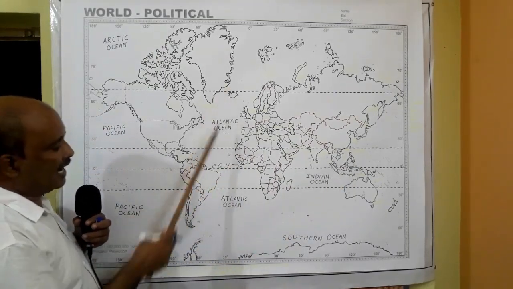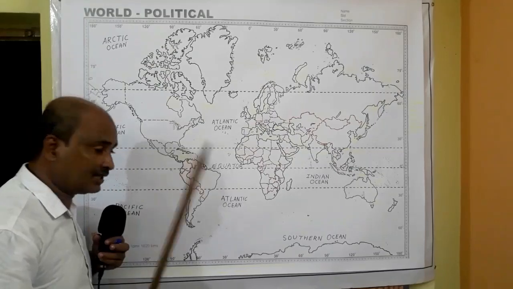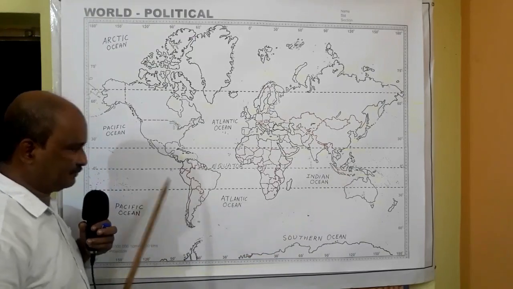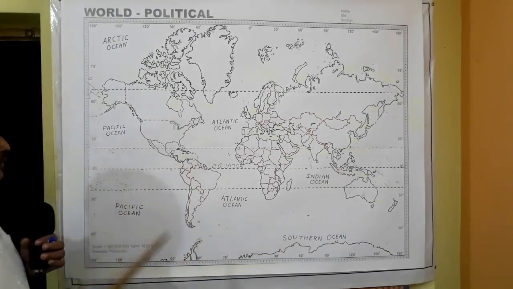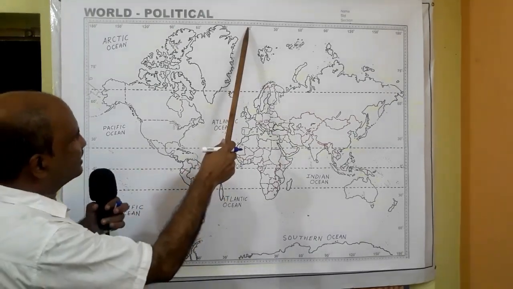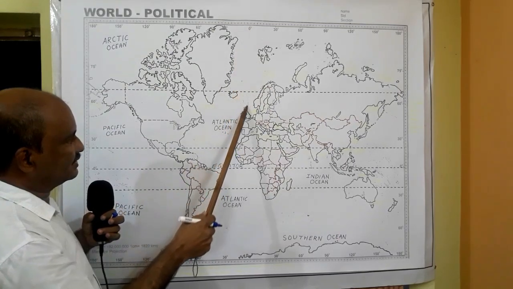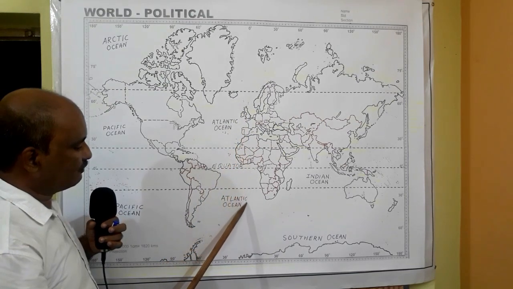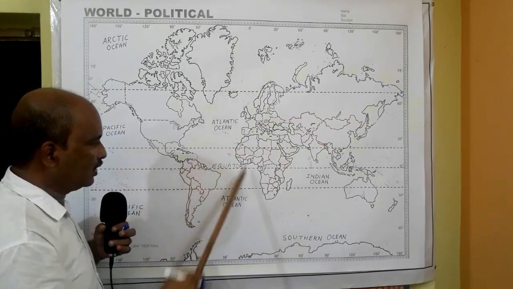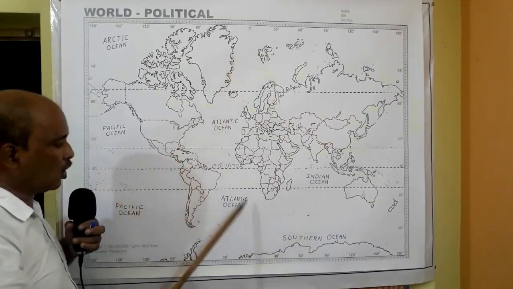Above the equator, this half is the northern hemisphere as we discussed earlier, and below the equator is the southern hemisphere. Now the next important point is that here you can see the 0 degree marked, and this is how the line passes and finally connects with this 0 degree. If we draw this line vertically, it is called the prime meridian or the 0-degree longitude.